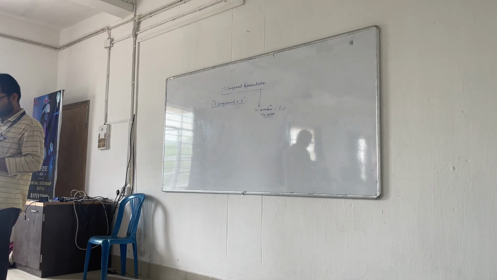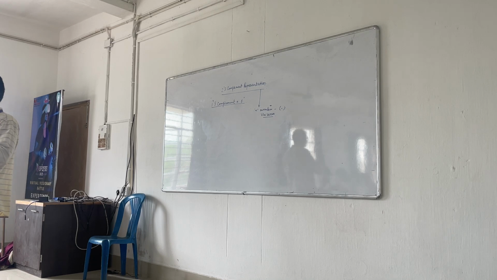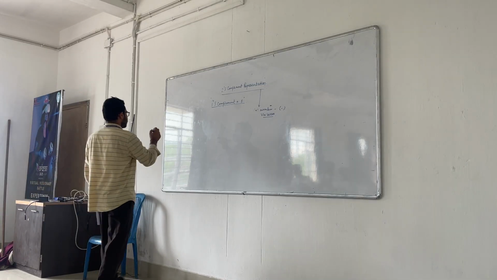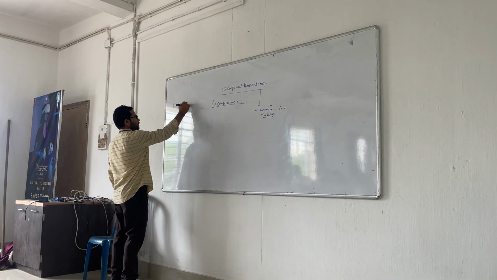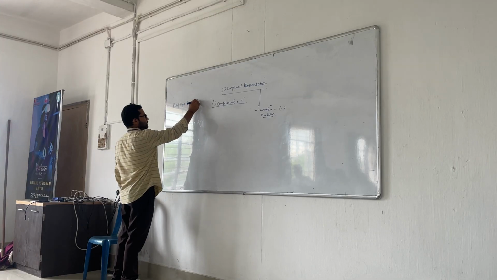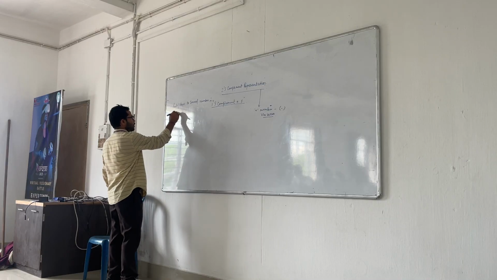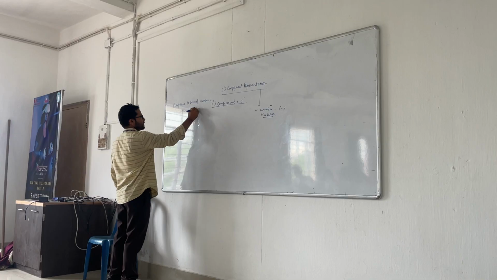So let's write down the steps. Step one is the binary equivalent of the number. The steps to convert numbers to two's complement form are like this.